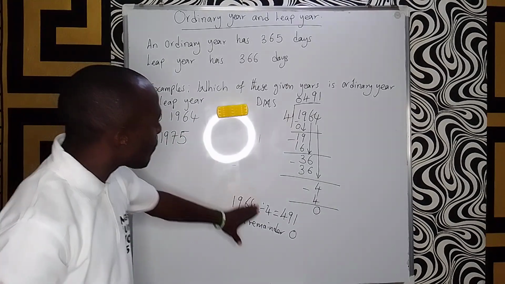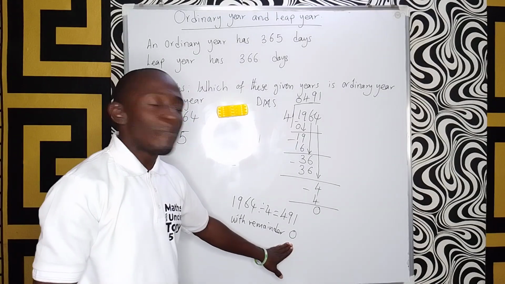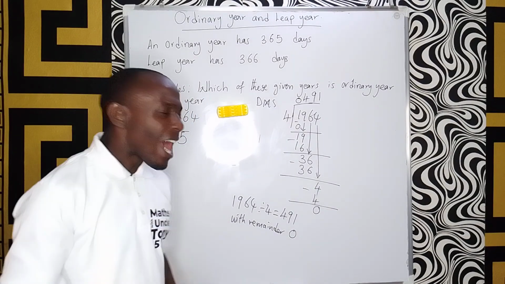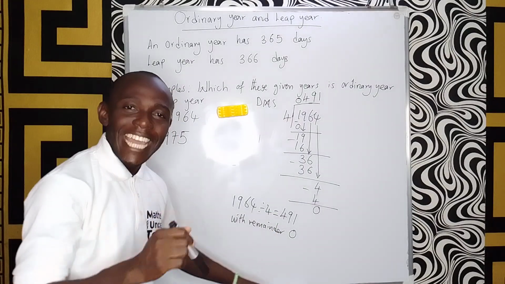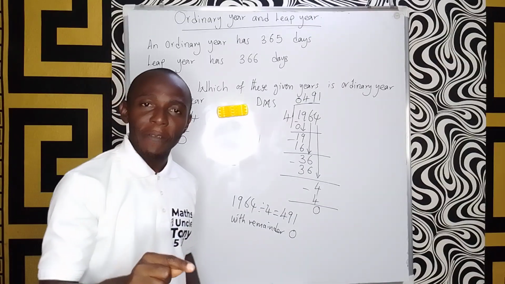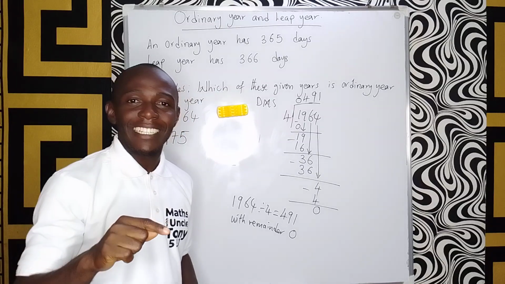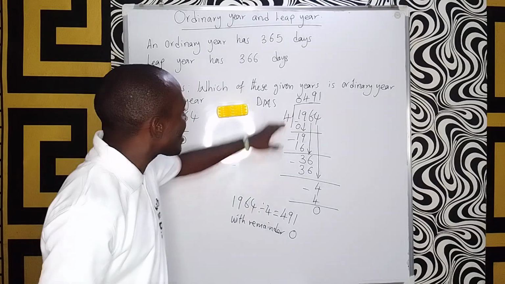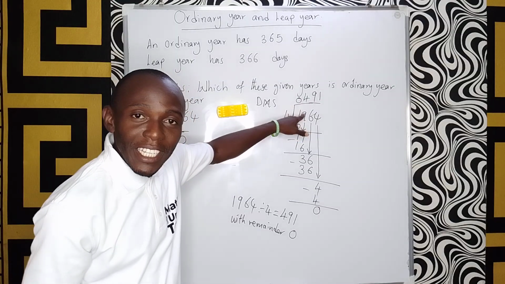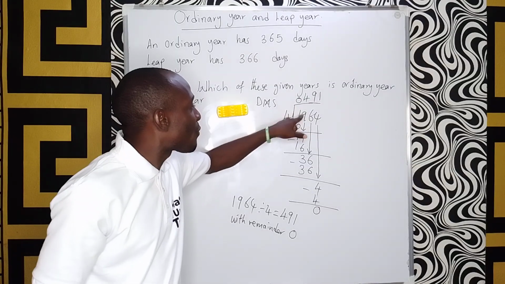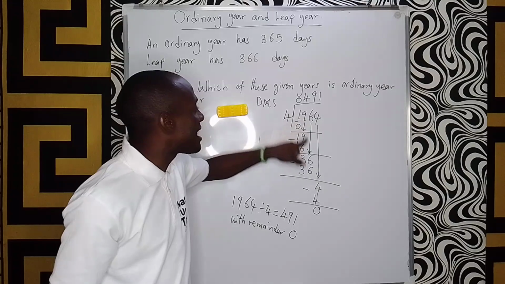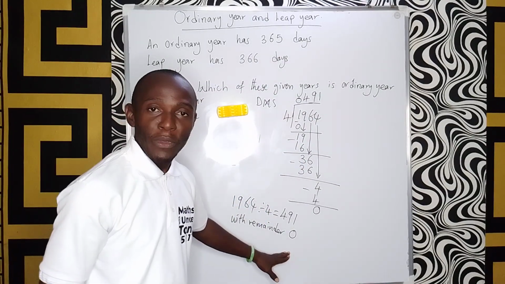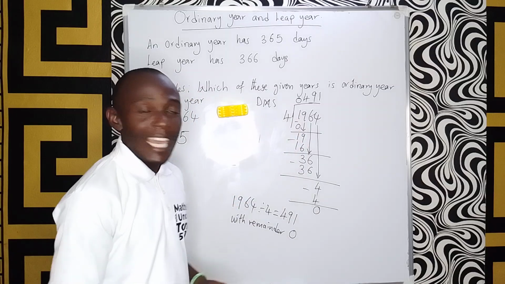Having divided and the remainder is 0, it means that it's a leap year. Whenever you have a remainder 0, that year is a leap year, which means February has 29 days that year. If you check your calendar, you see that February has 29 days in 1964, which means it is a leap year. So 1964 is a leap year.